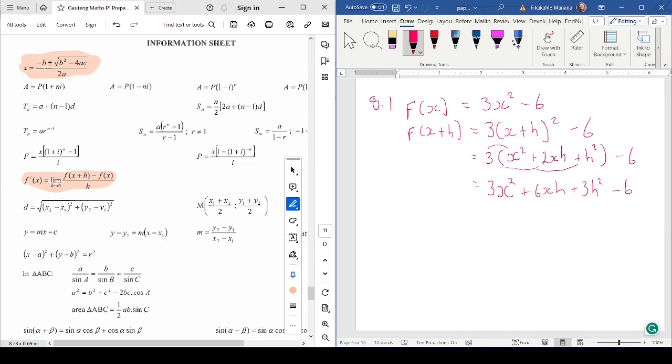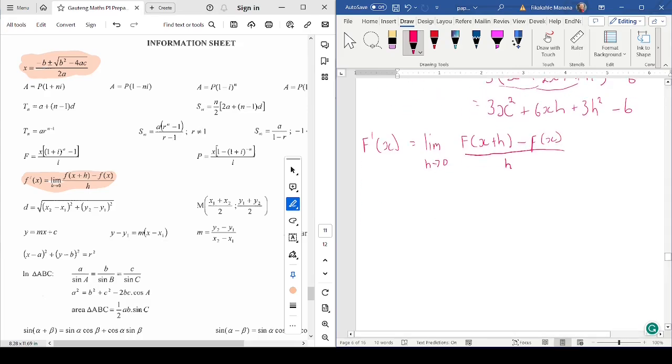Now I can go back to the equation of the derivative, which is f prime of x. I just want to rewrite it first. That's the limit as h turns to 0 of f of x plus h, minus f of x, whole divided by h.